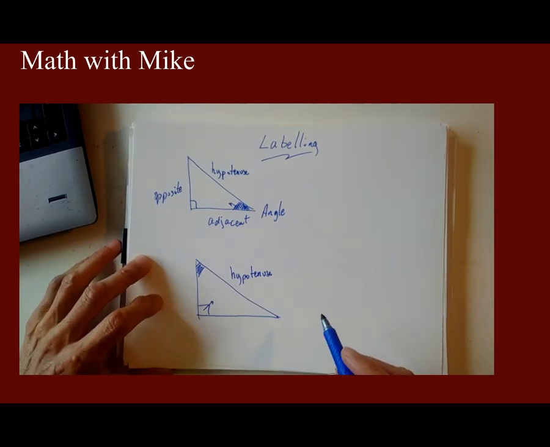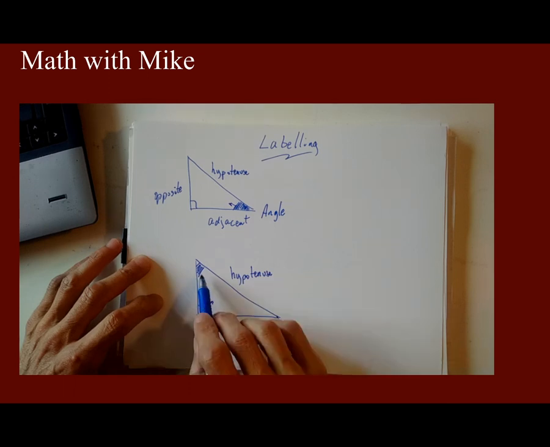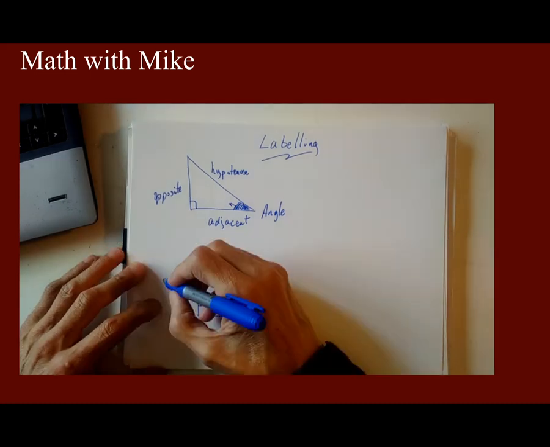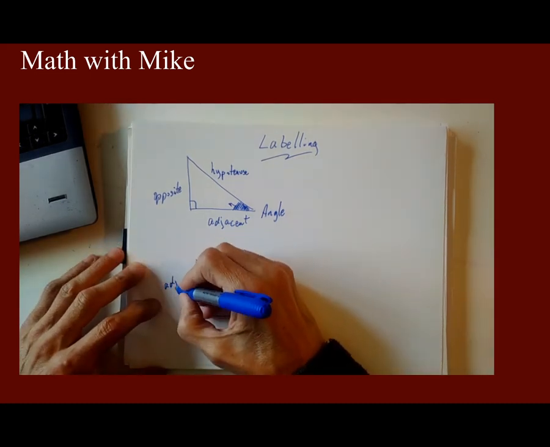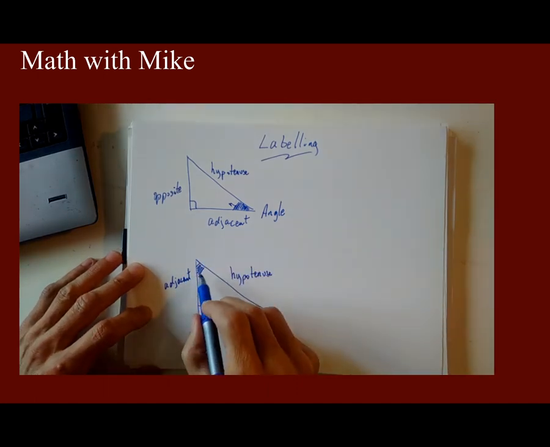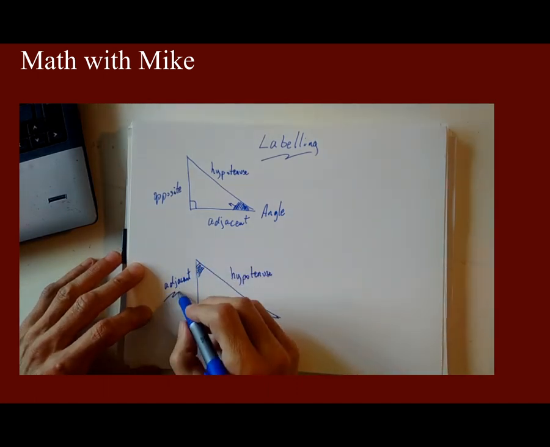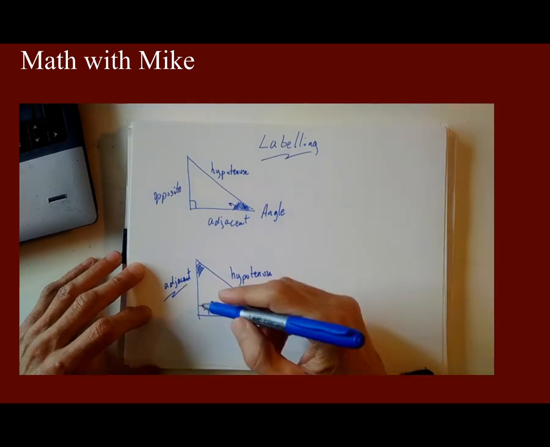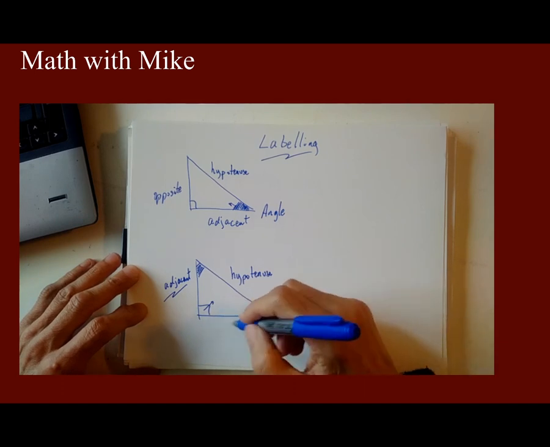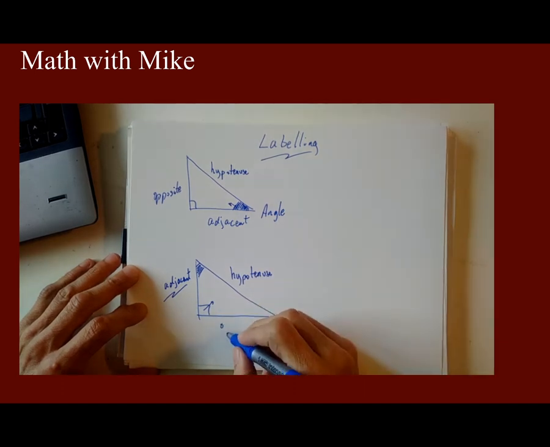Now remember, this angle here, the angle of interest, the angle we're working with, is made from two sides, the hypotenuse and always the adjacent side. So you see, we move the angle, the side, or at least the label of the side, moves as well. What remains is the opposite side.